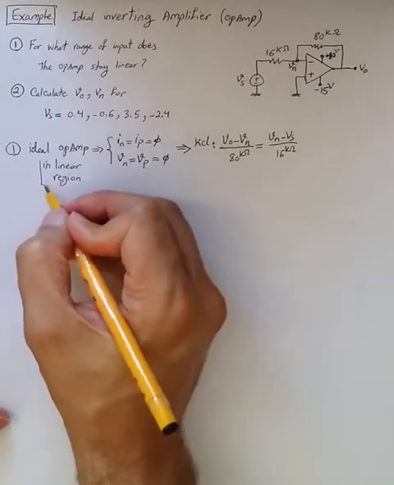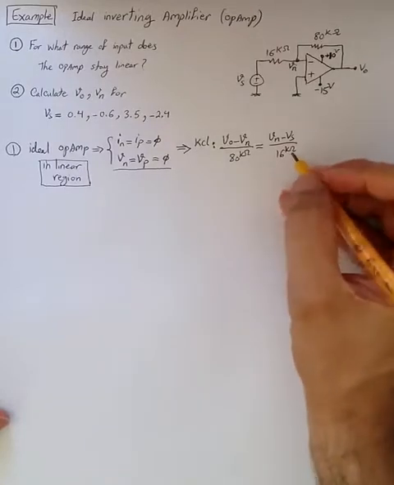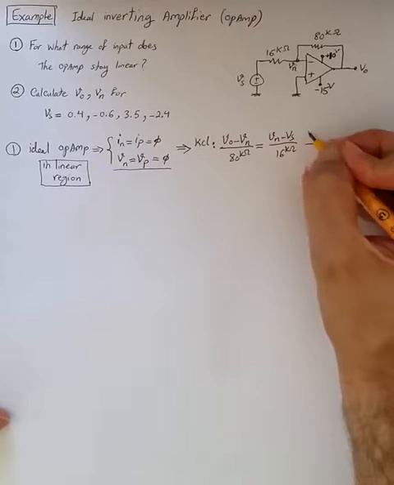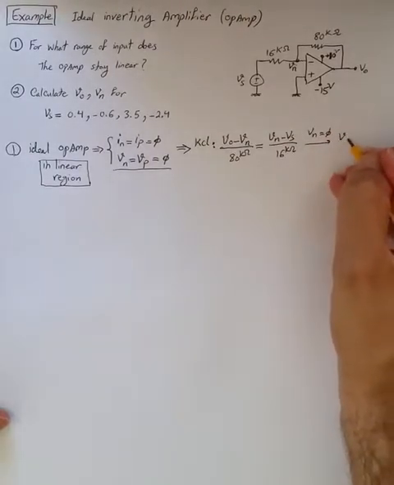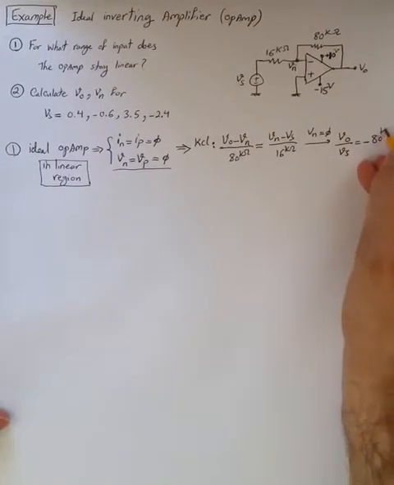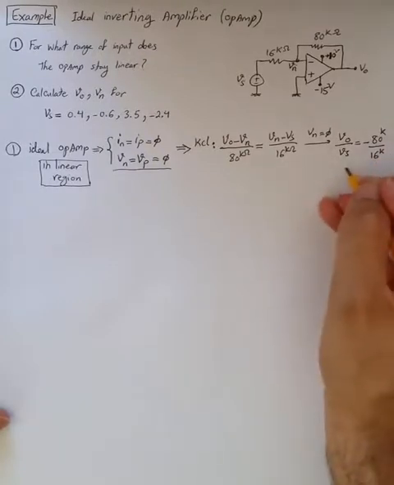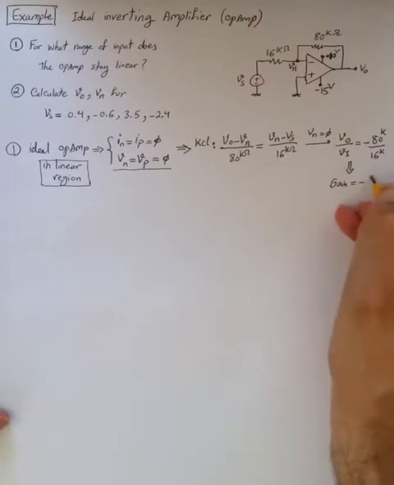As long as this is true, these conditions are true, and Vn is 0, so we get VO over Vs equal to minus 80k divided by 16k, which means a gain of minus 5.